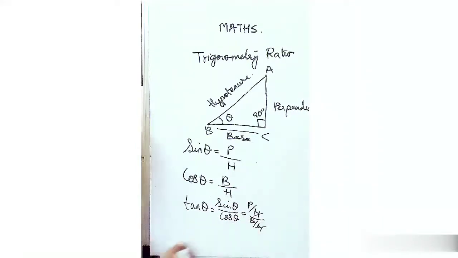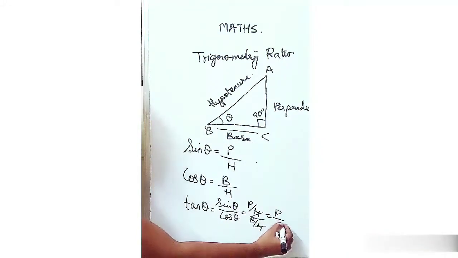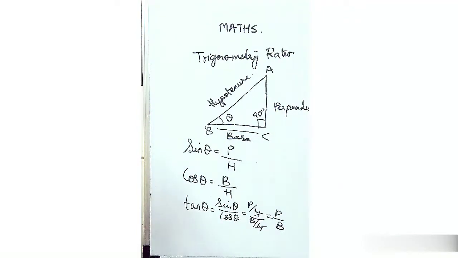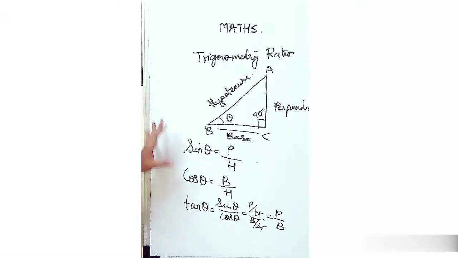The hypotenuse gets cancelled because both lie in the denominator. Then what is there? Perpendicular upon base. So this is the way we remember it: sin theta is perpendicular upon hypotenuse, cos theta is base upon hypotenuse, and tan theta is perpendicular upon base. This is the basic concept of trigonometric ratios: sin theta, cos theta, tan theta.